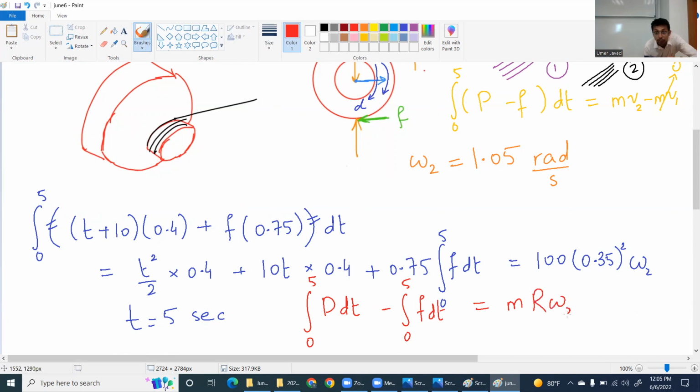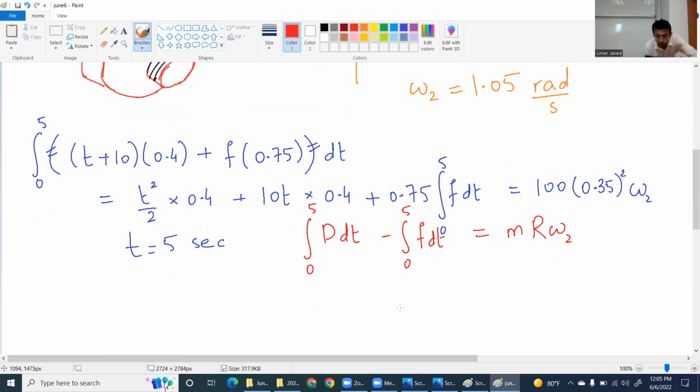Did you substitute this instead of v2? Yes, I did. And I used capital R, the bigger R. Good.